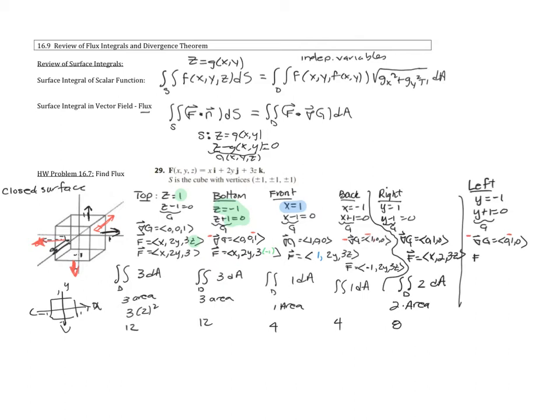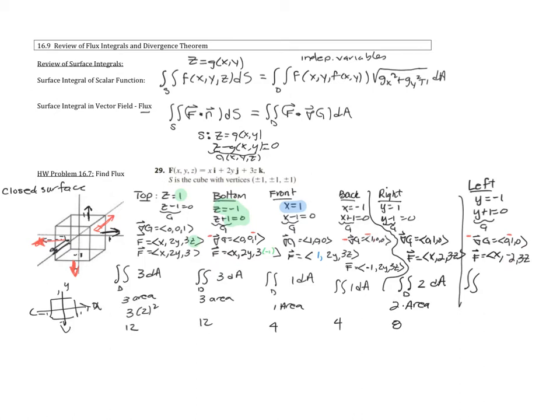Our f is x, and then 2 times y. This time y is -1. So 2 times y is -2. Whoops, -2. And 3z. And so that dot product here is 0, +2, 0.